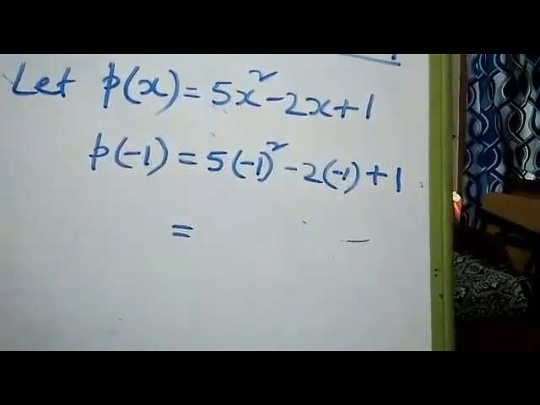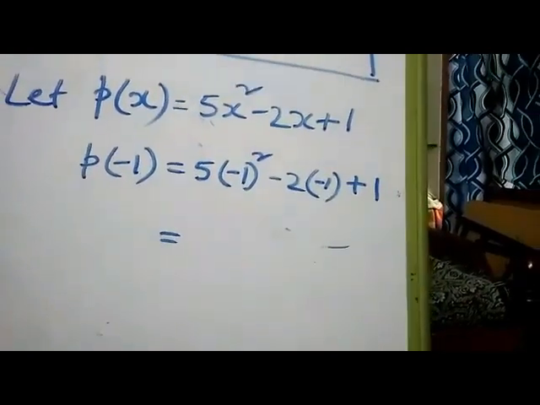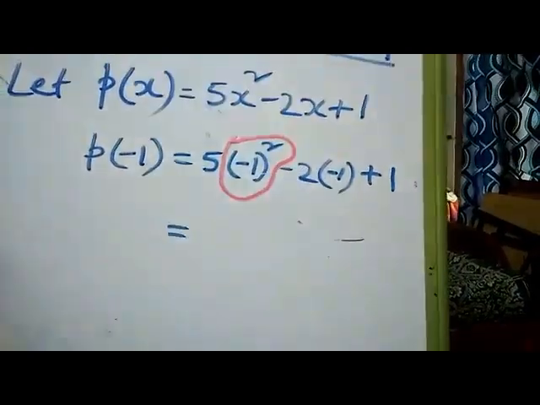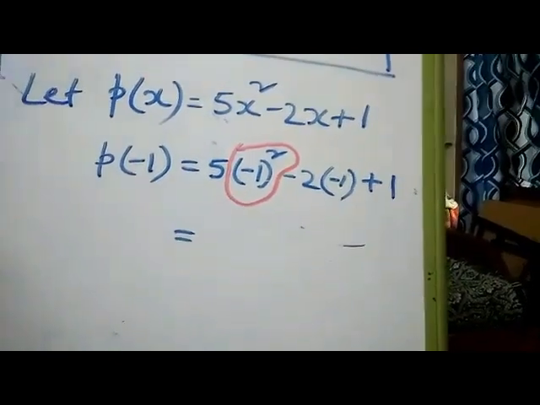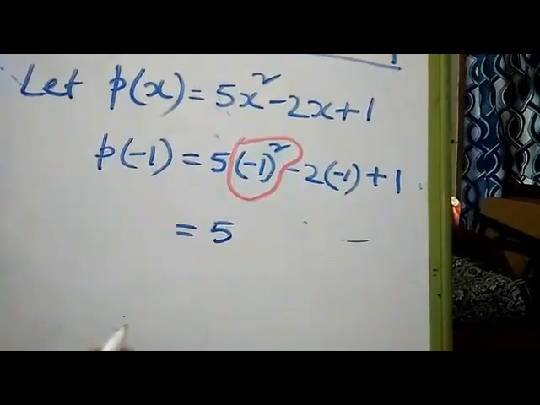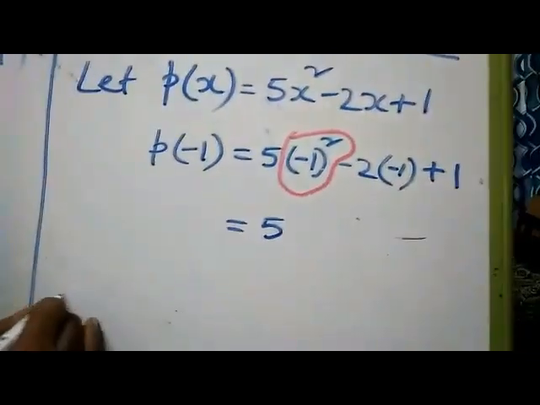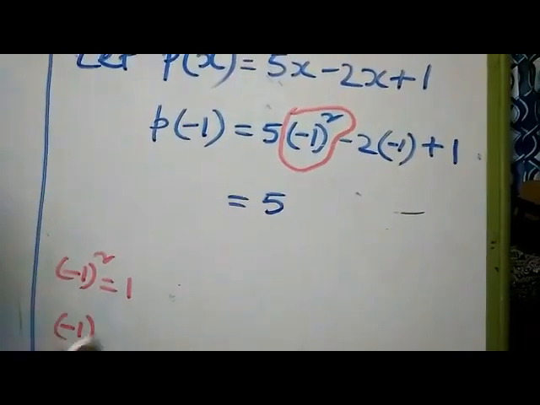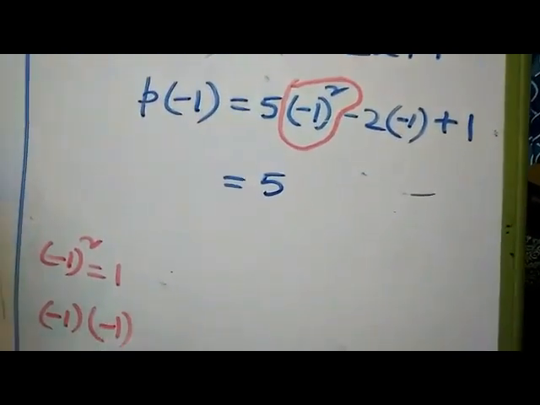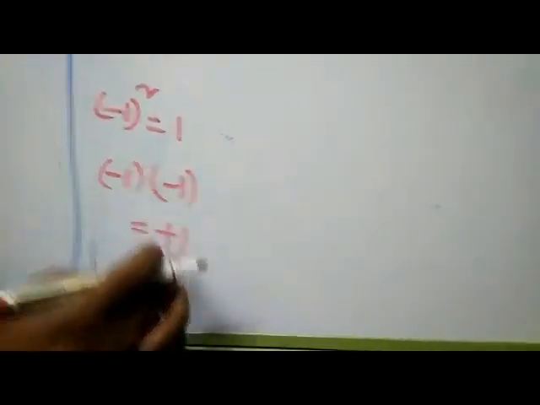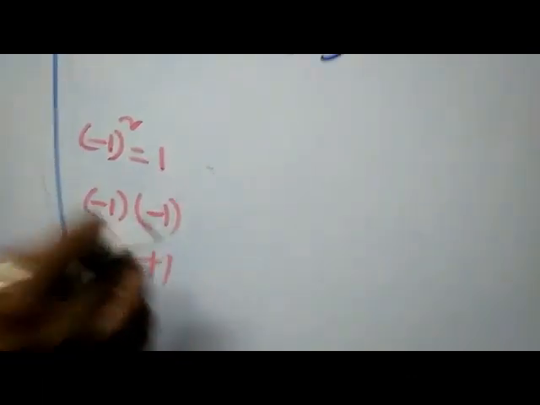First we have to simplify this part. Minus 1 whole square is nothing but minus 1 into minus 1, that is plus 1. Minus 1 whole square is equal to plus 1.